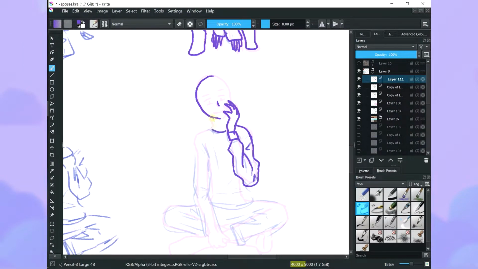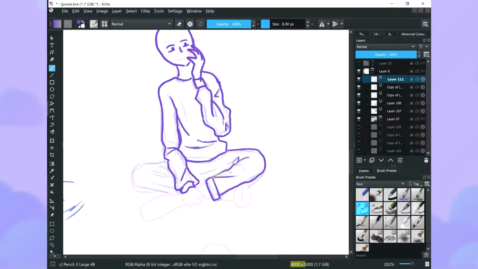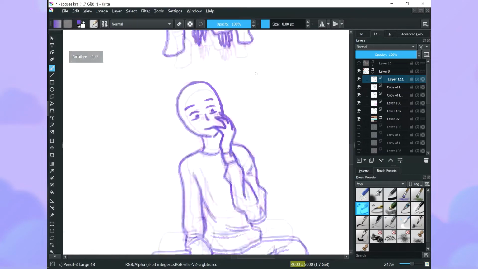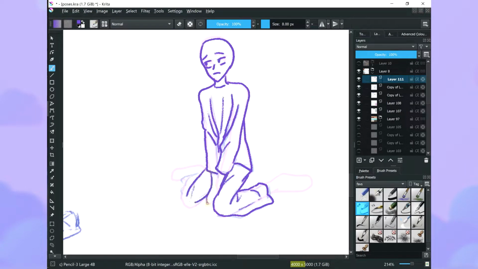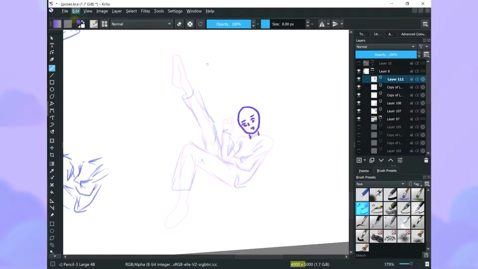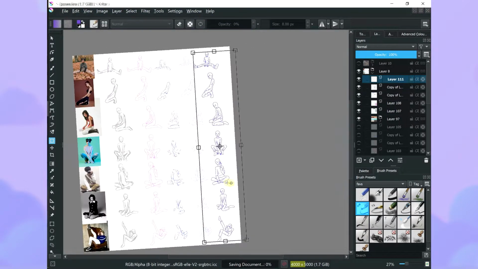I did this because I also wanted to use these finished line art pieces as a reference maybe for later on illustrations if I want to, or just because I like having this clear idea. Okay, I want the line to be there if I want to portray this pose and so on.